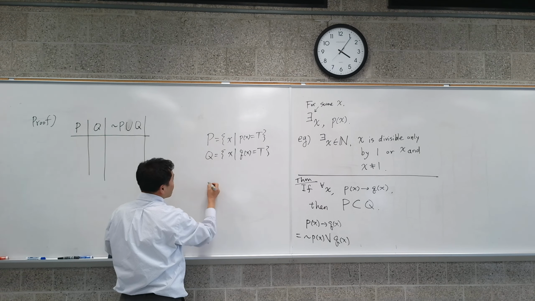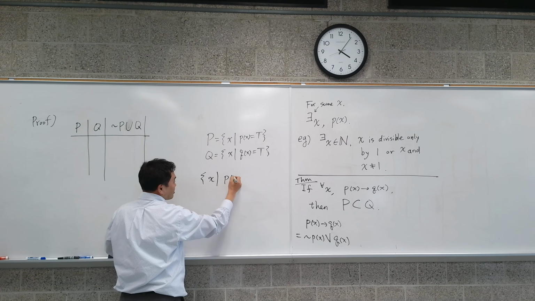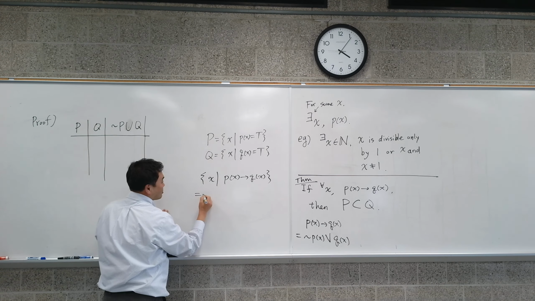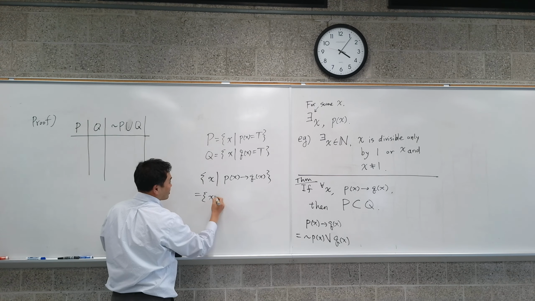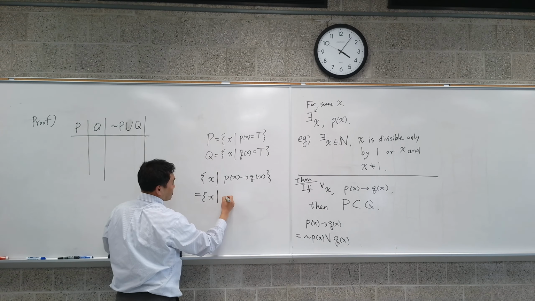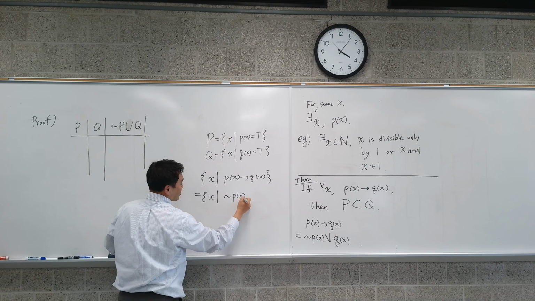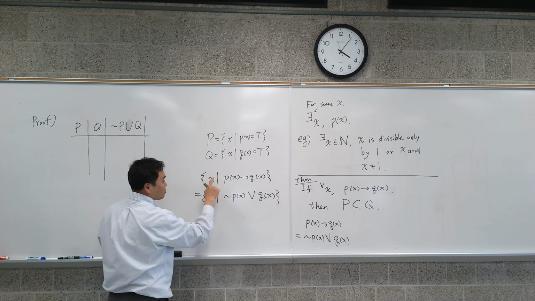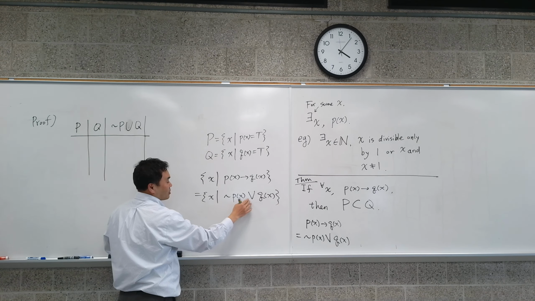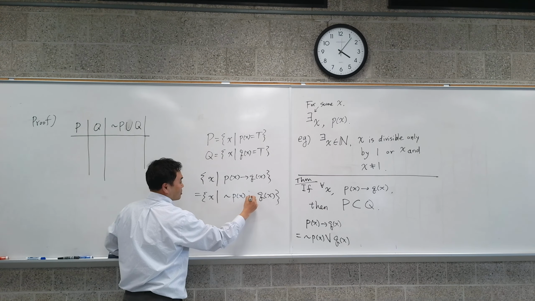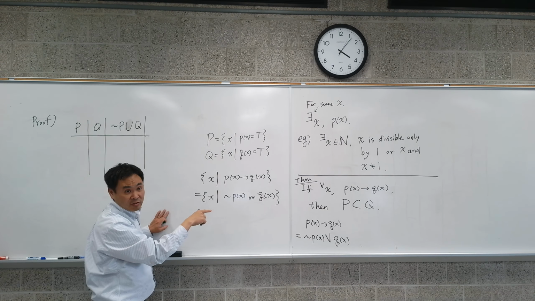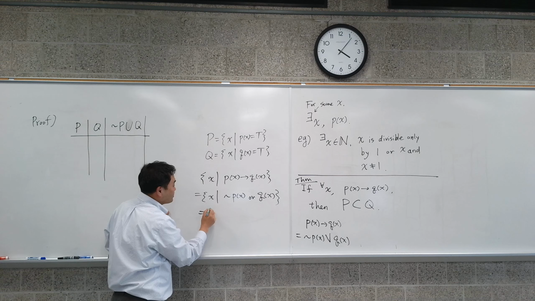Then the set that makes px implies qx true is the same thing as the set that's not px or qx. These two are the same because we proved the equivalence of this last time, right?